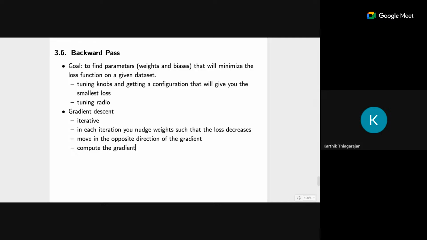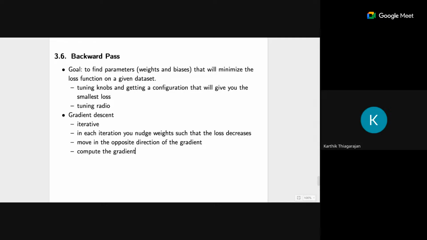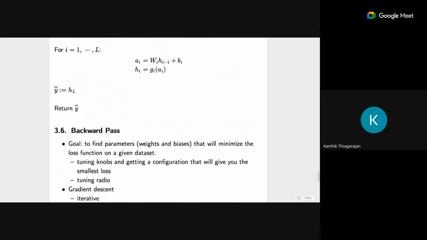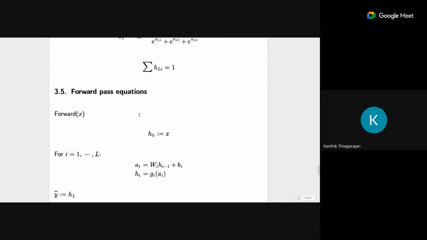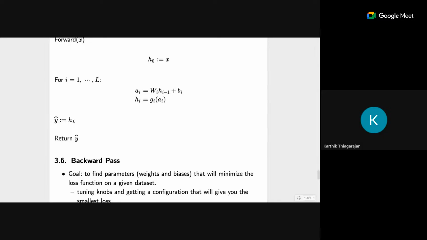And that is really difficult in a neural network at the outset because of the nonlinear nature of the input-output relationship, right? So it looks very chaotic, right?